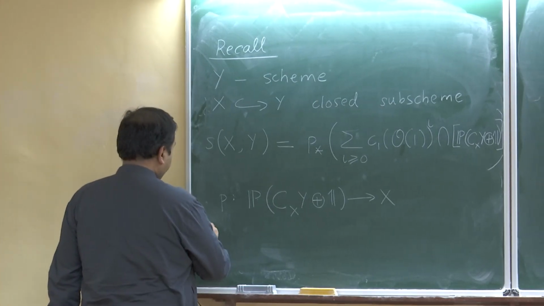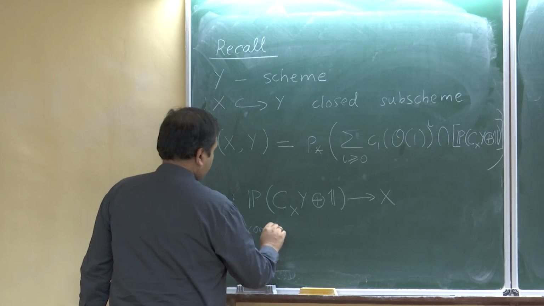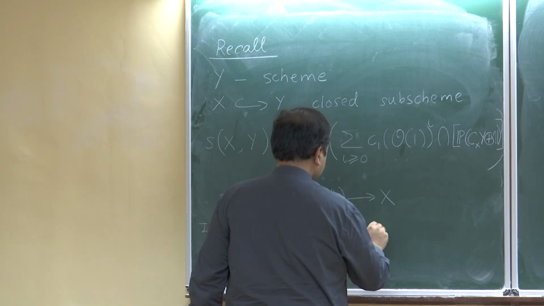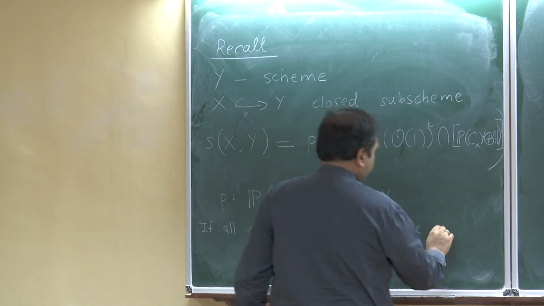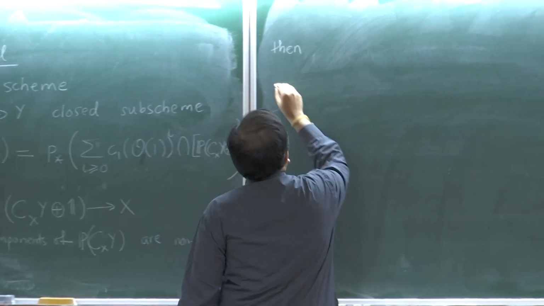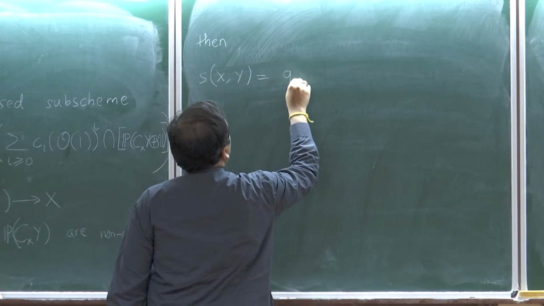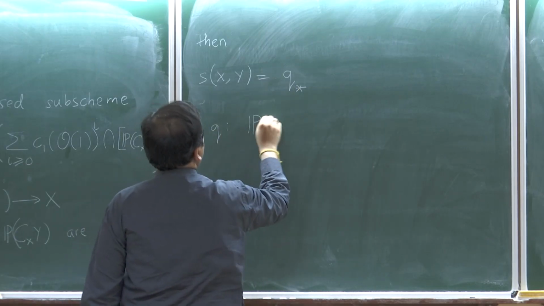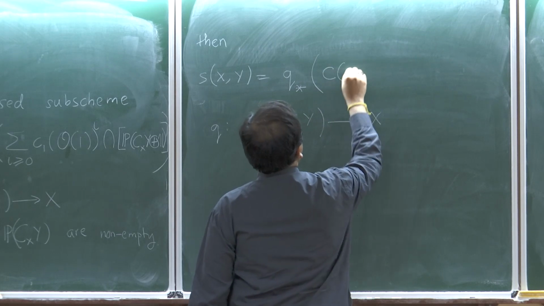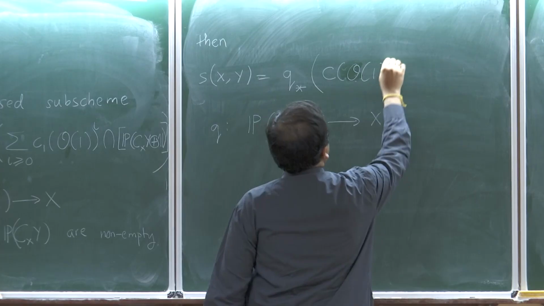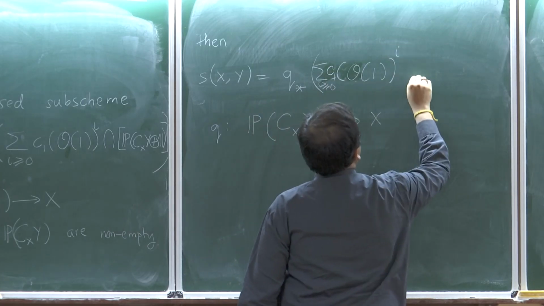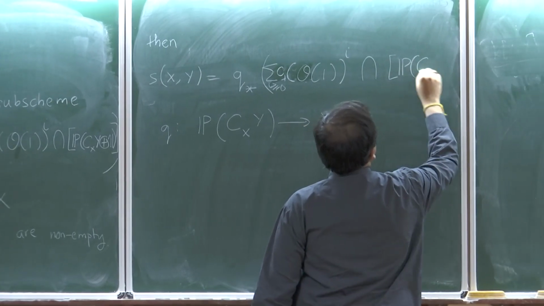So if all components of C_X Y, the projectivization of C_X Y, are non-empty, then S(X,Y) is equal to Q lower star, where Q is now the projection from just the projectivization of the normal cone to X, of the sum, i equal to 0, of C1 of O(1) to the power i, capped with the fundamental class of C_X Y.